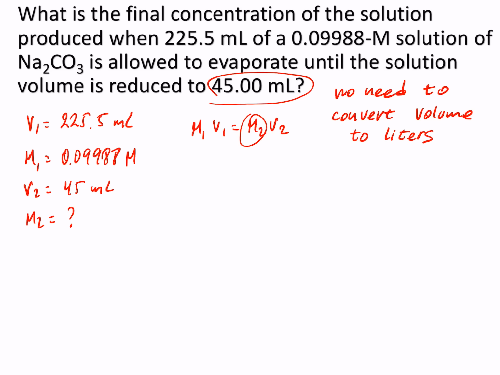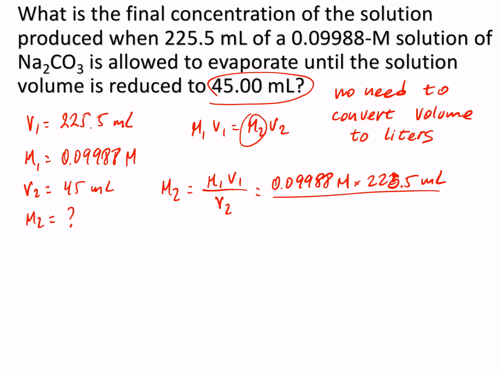So we're solving for M2. M2 is M1V1 divided by V2. M1 is 0.0988 molar. The volume is 225.5 milliliters divided by 45 milliliters.